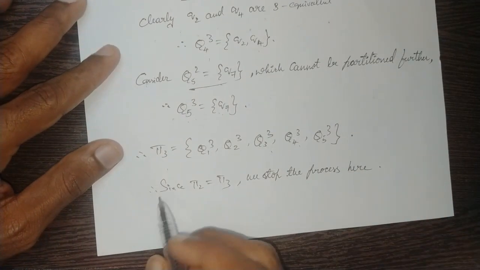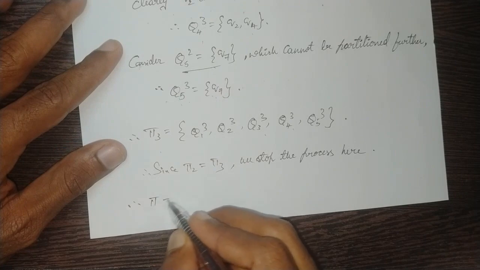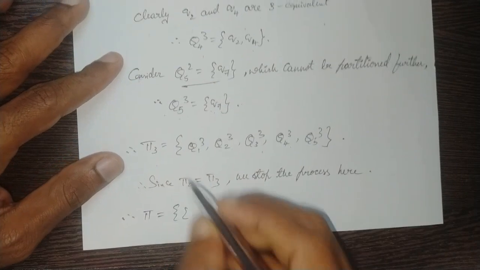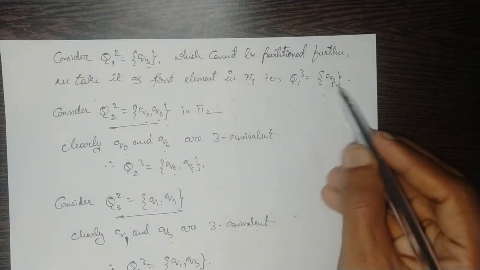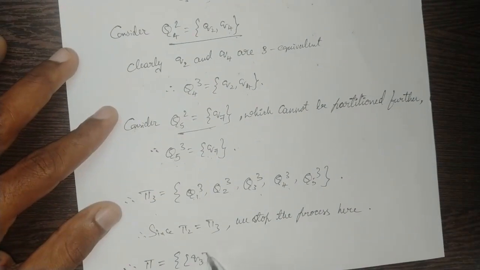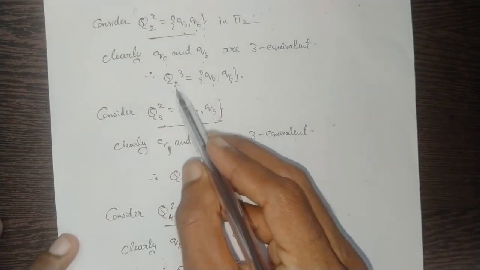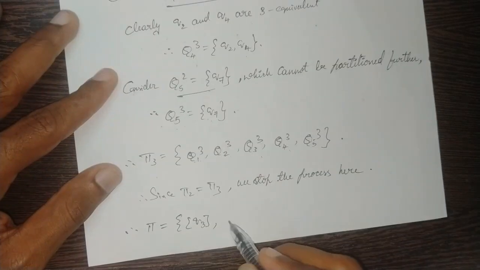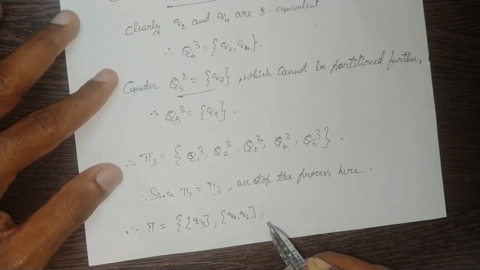So therefore, take it as the equivalent classes. What is Q1 3? Single, Q3. What is Q2 3? Q2 3 has Q0, Q6, so it can be denoted by square brackets Q0, Q6.